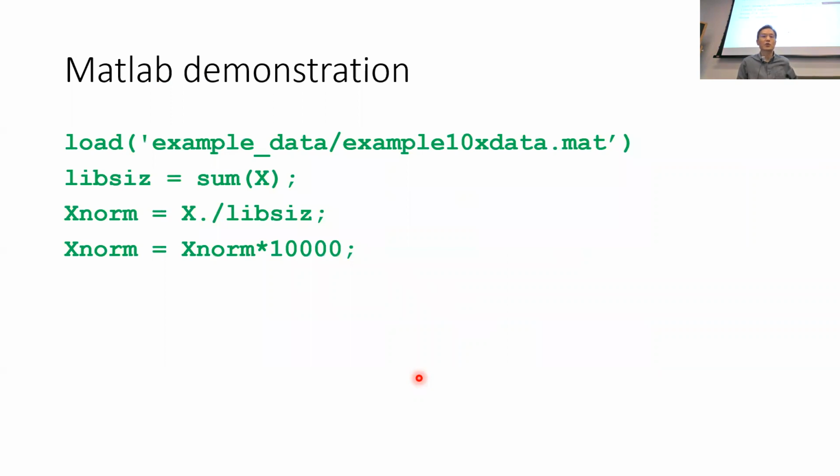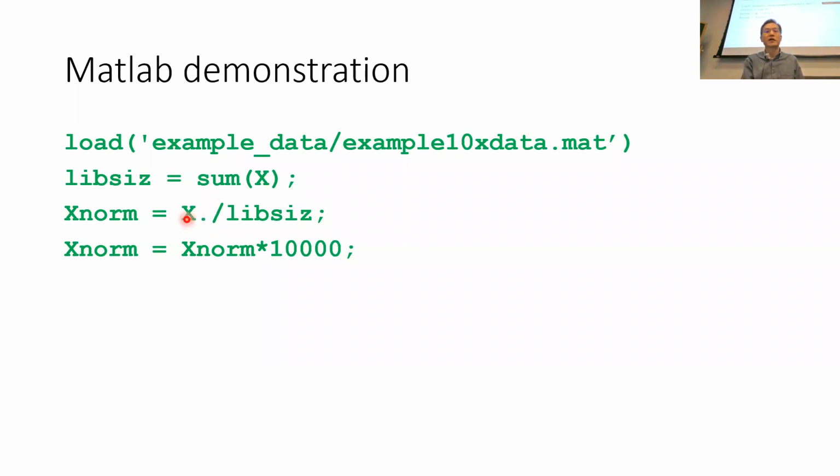Okay, how are you going to do this in MATLAB? So easy, you sum the matrix X. Remember, the matrix is gene by cell. So when you do the sum by default, that will sum column by column. So you have the library size, and then you use X divided by library size.